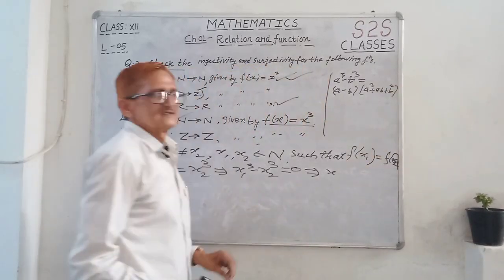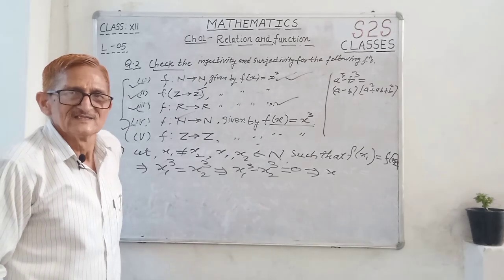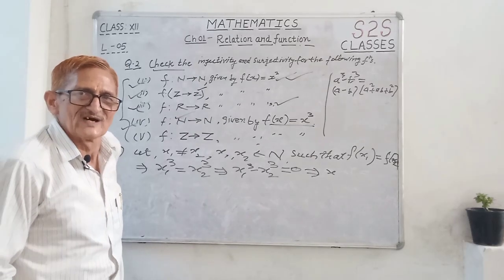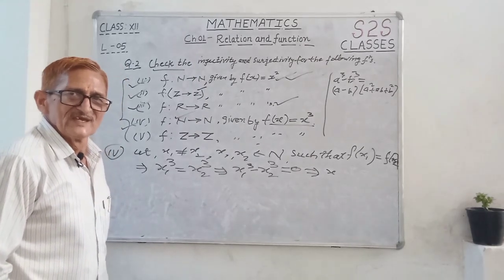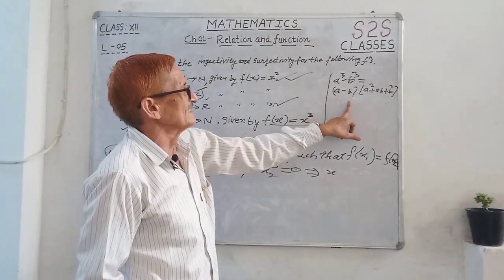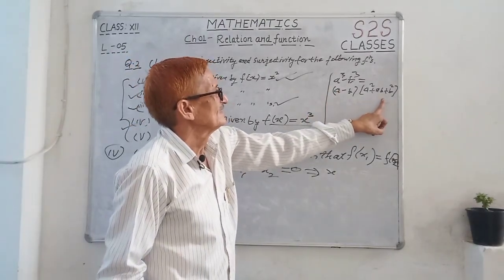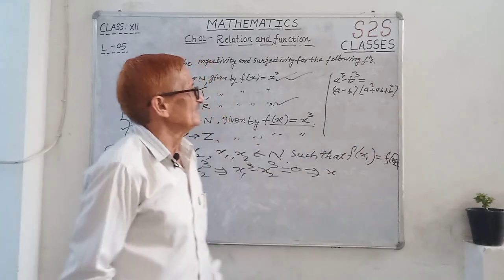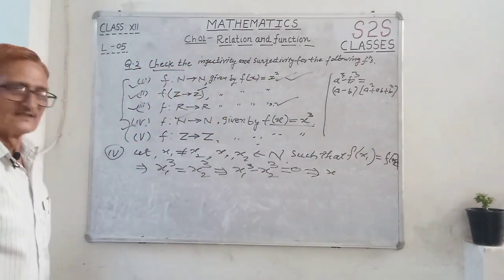In 8th class, 9th class, 10th class, you should know these factors. So a cube minus b cube has two factors, a minus b into a square plus ab plus b square.